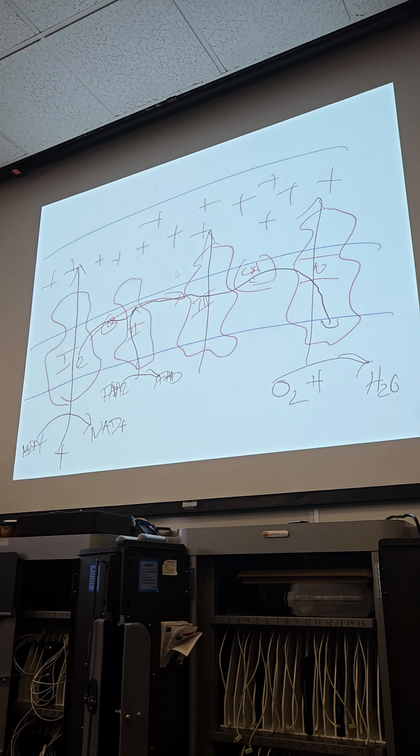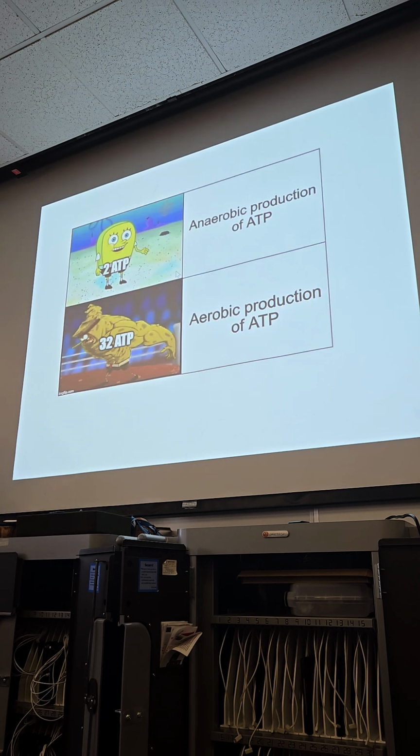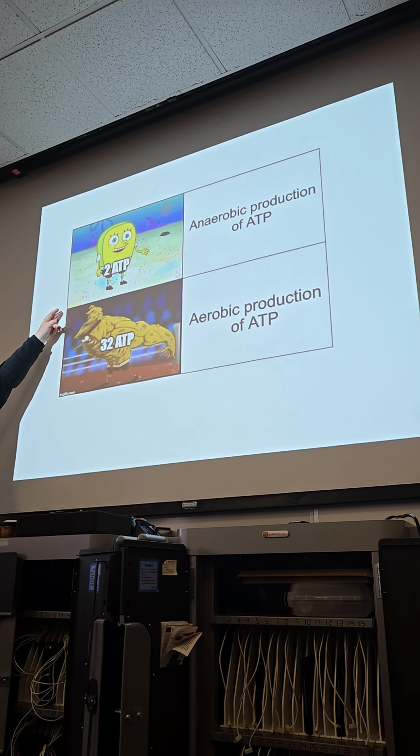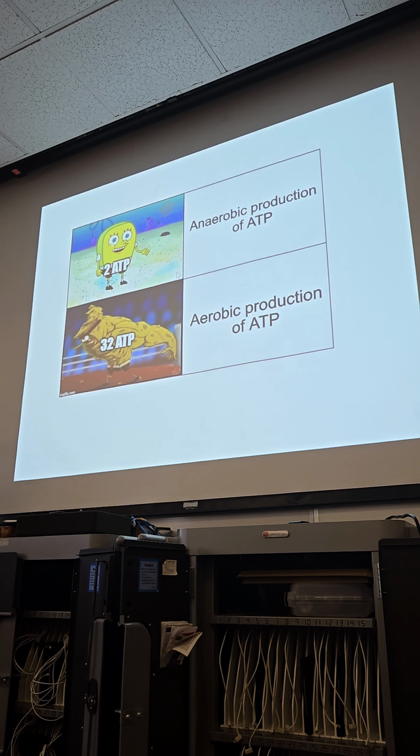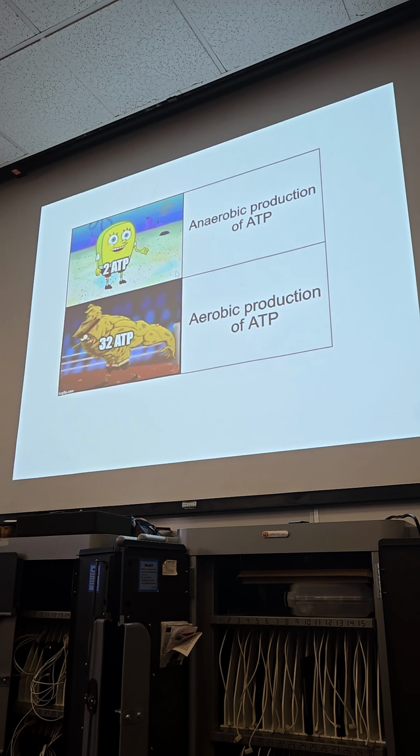So my meme this morning was actually very relevant. Anaerobic respiration has only to do with glycolysis. I'm still going to gain ATP. I'm going to gain energy just by breaking down glucose, without using the electron transport chain.